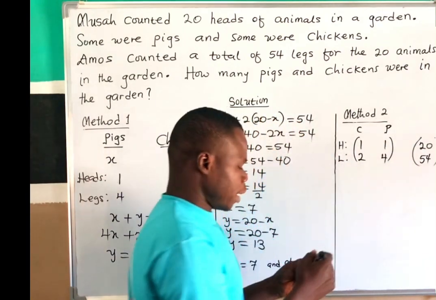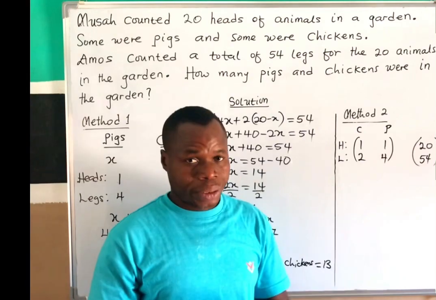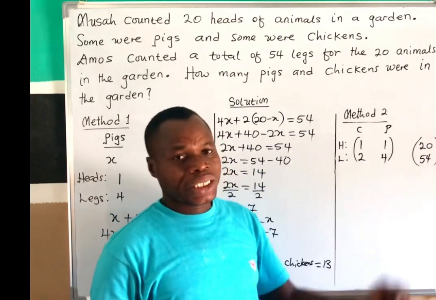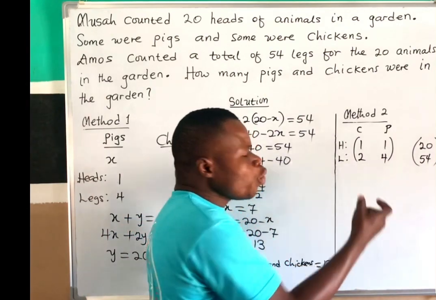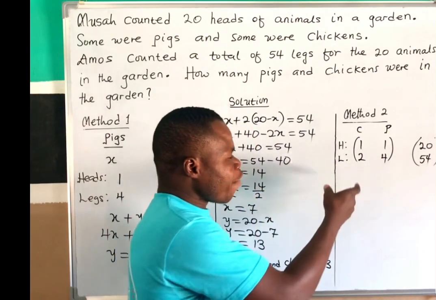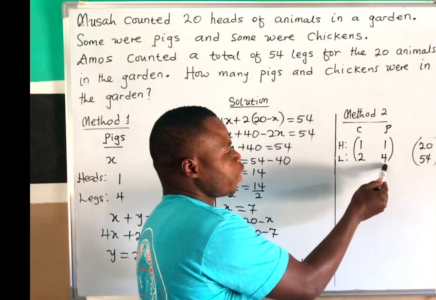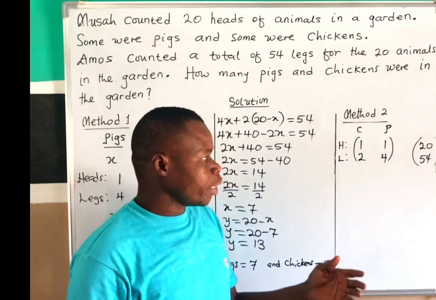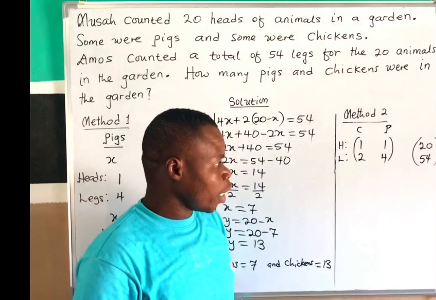Then when you do that, this now looks like a matrix, that is a 2 by 2 matrix, and this one is a vector. So you now use the matrix approach by finding the inverse of this particular matrix and multiplying by this one. If you have basic knowledge about matrices, you will be able to solve this without any stress.